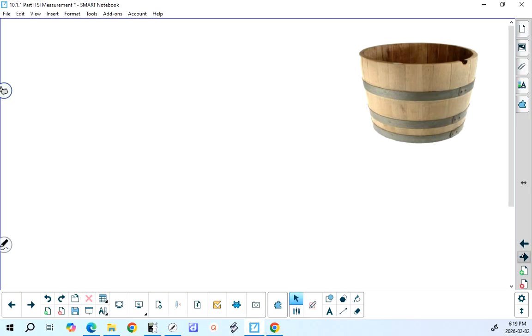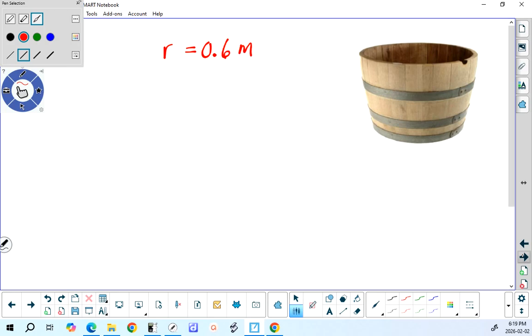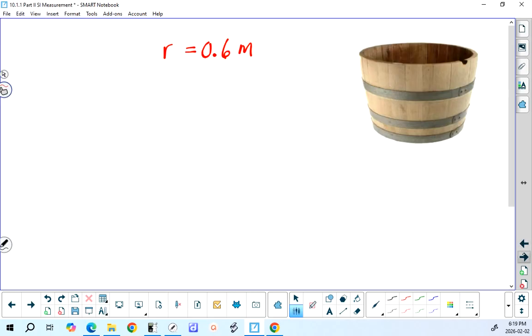What do we know about the top? I believe, and I'm just going to go back and check, but I believe the top of the planter has a radius of 0.6 meters. Just double check. Yep. You're told the band at the bottom is 1 meter shorter than the band at the top. Well, the band around the barrel is the circumference.